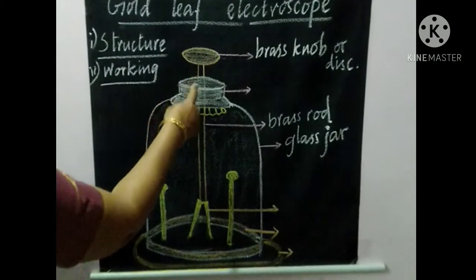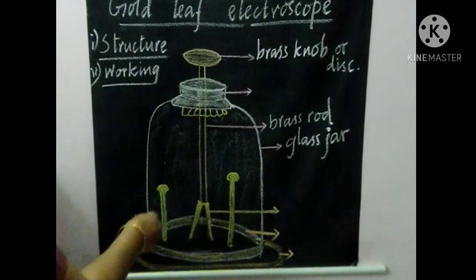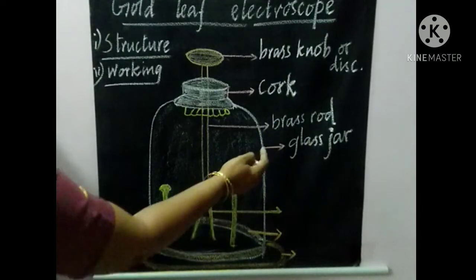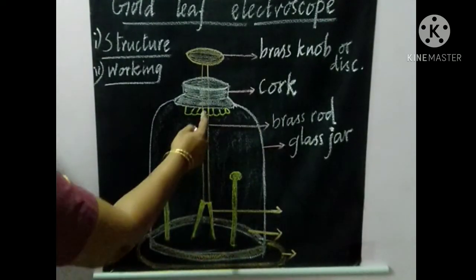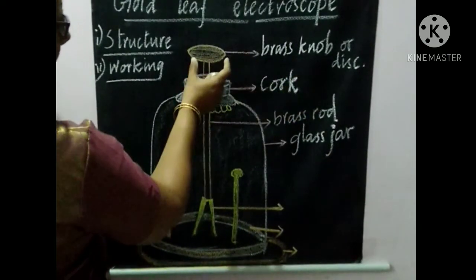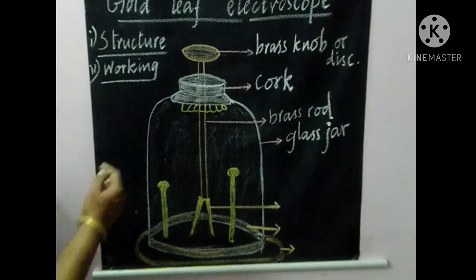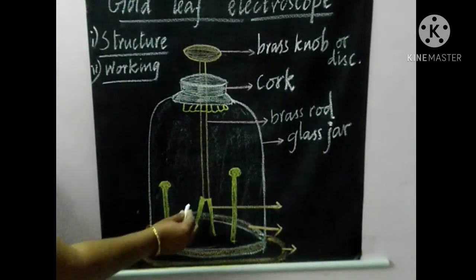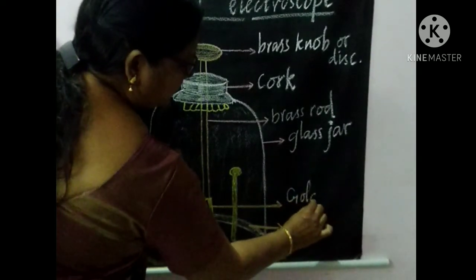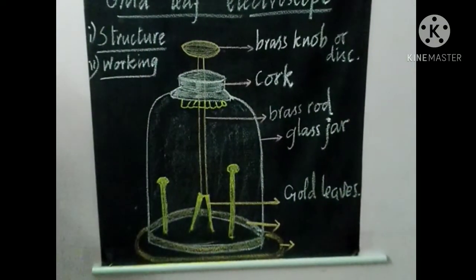A brass rod is inserted through a stopper or cork inside the glass jar. This brass rod has a brass knob or disc in the horizontal position. What is at the end of the brass rod? Yes, these are the two gold leaves.